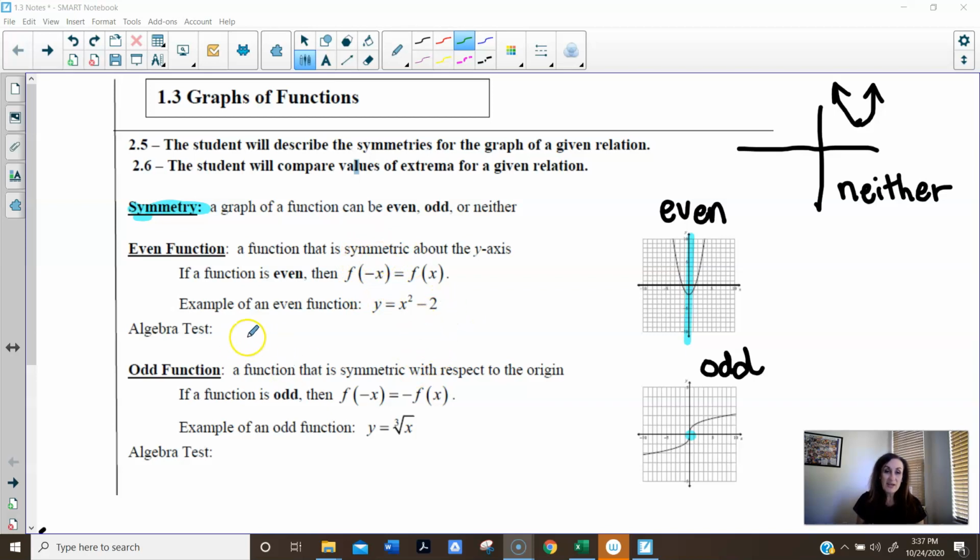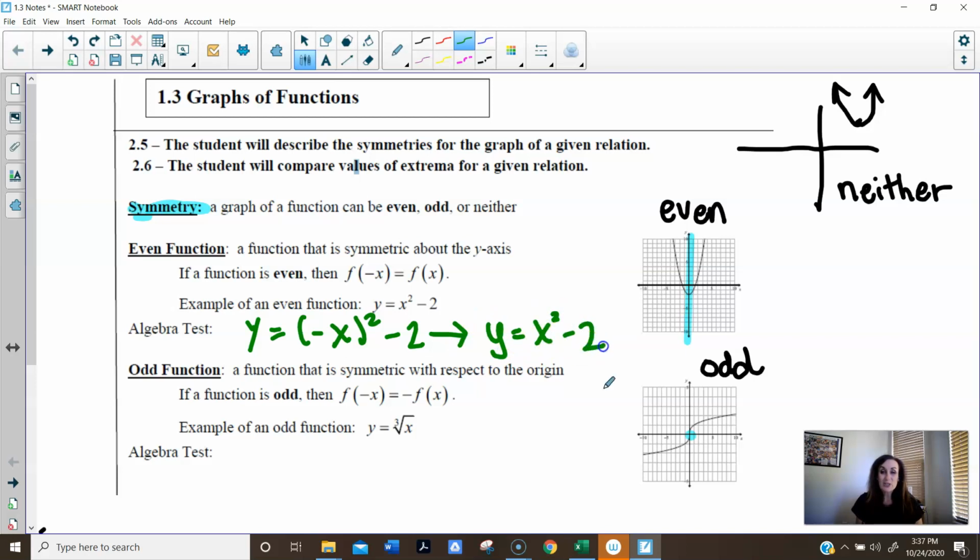So for this function, the algebra test would be y equals, and in place of x, I'm going to put the opposite of x, squared, subtract 2. You will notice that if you take the opposite of x and square it, this function comes out as y equals x squared subtract 2.